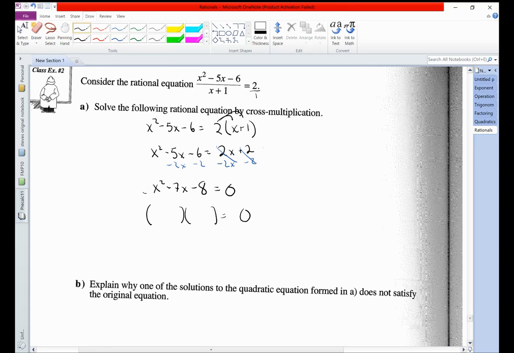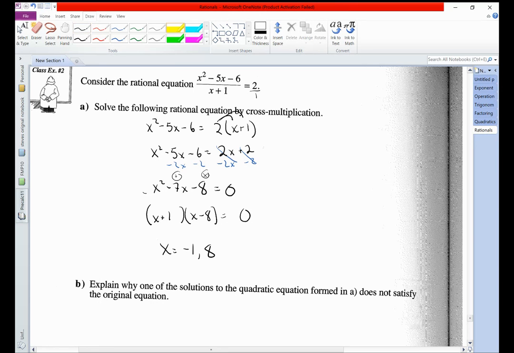So two numbers that multiply to -8 and add to -7 are going to give us (x plus 1)(x minus 8). So our solutions are x is equal to -1 and 8. But what did I forget to do before I started everything? I forgot to label my non-permissible values.